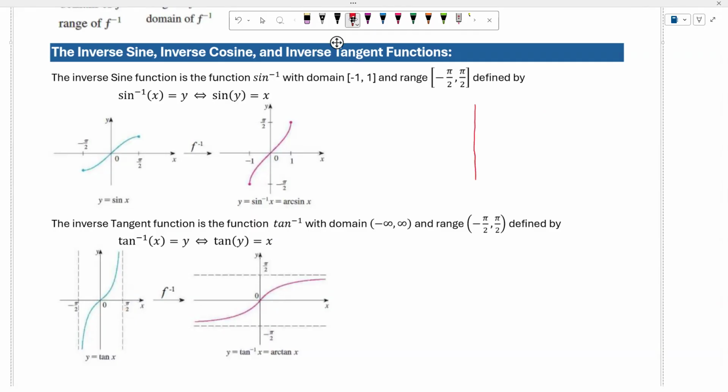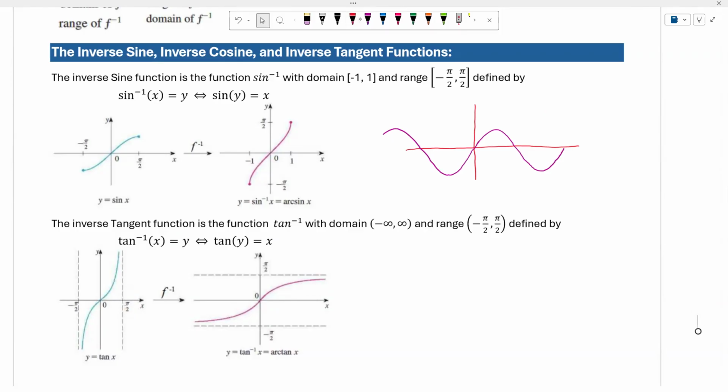You will see that the sine function is not one-to-one because it fails the horizontal line test. So we need to restrict the domain to make it one-to-one. If I restrict it between negative pi over 2 and pi over 2, we have a one-to-one function.